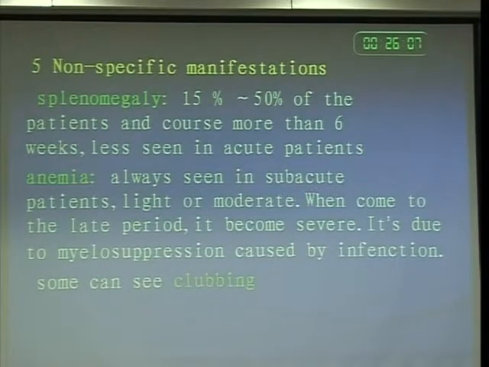Okay, there are other specific manifestations like the splenomegaly. I just said the infective endocarditis can activate the immune system. So 15% to 50% of the patients with a course of more than 6 weeks have anemia. It is always light or moderate in subacute patients.